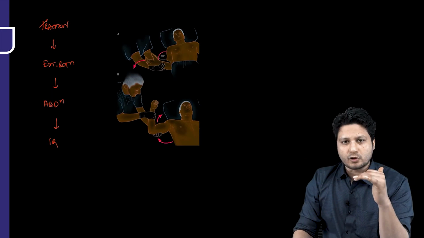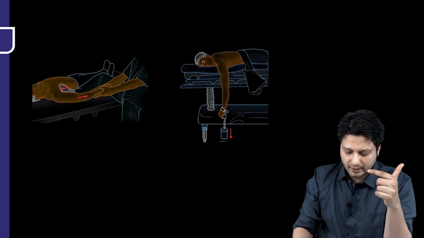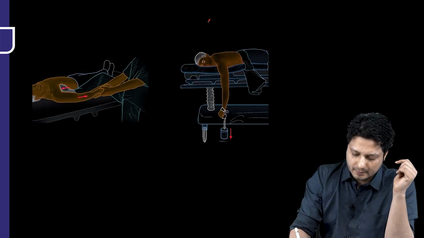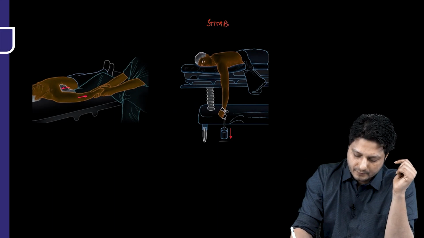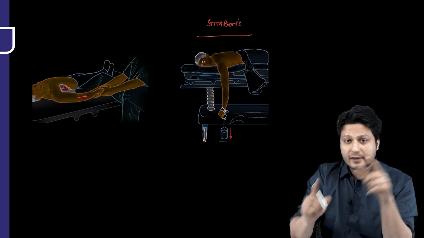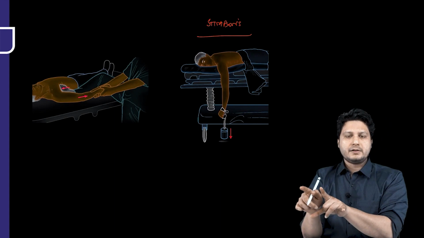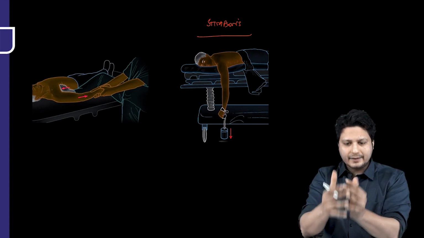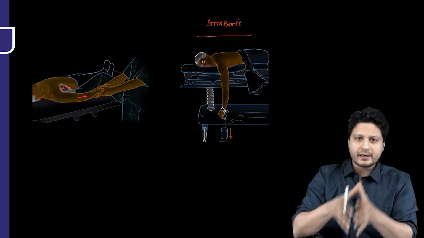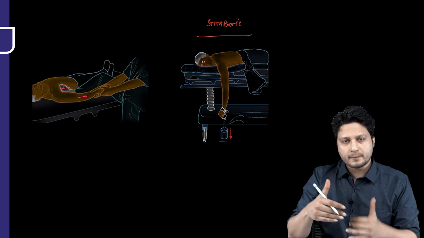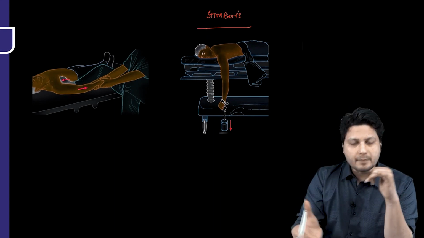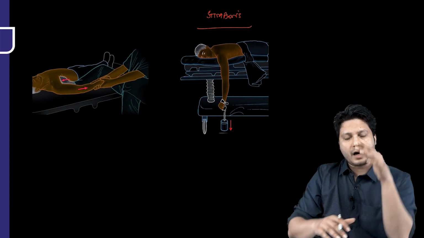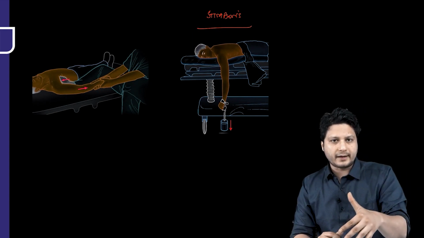Now there are other methods also, like Stimson's method, which I told you is the second one. In Stimson's method, you wait for spontaneous reduction. You are not applying any traction; you are just using gravitational force for the traction to get applied. You make the patient lie prone on the couch with the affected limb dangling by the side of the couch.